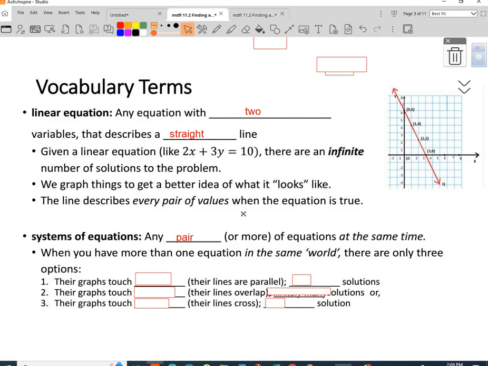The x value and the y value, or the x coordinate and the y coordinate, represent the same values on the coordinate plane. So if you have 2 lines graphed on a coordinate plane in the system, if their graphs never touch, that means their lines are parallel, then we'd have no solution.